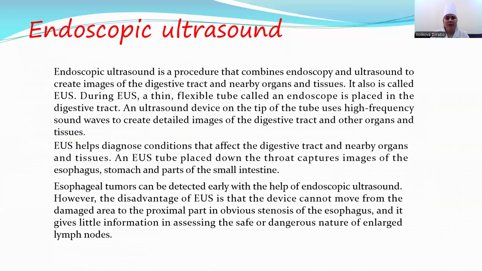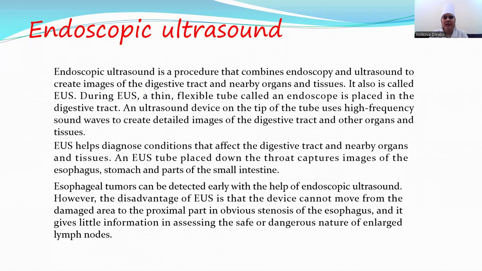Endoscopic ultrasound. Endoscopic ultrasound is a procedure that combines endoscopy and ultrasound to create images of the digestive tract and nearby organs and tissues. During endoscopic ultrasound, a thin, flexible tube called an endoscope is placed in the digestive tract.